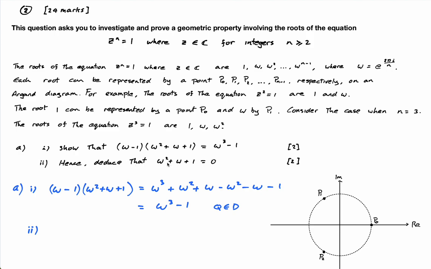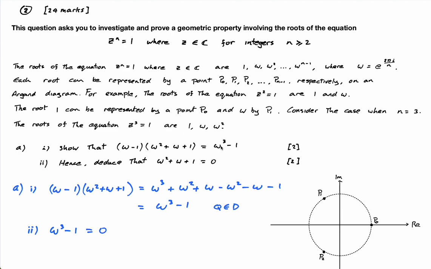Second one. Hence, deduce that omega squared plus omega plus 1 equals 0. Right, so he's saying this equals 0. Because if this is 0, it must be a case that this times this equals 0. So I need to first show that omega cubed minus 1 equals 0, and it does. Omega cubed minus 1 equals 0 because omega is a root of z cubed equals 1.